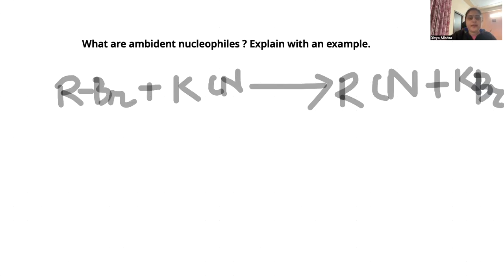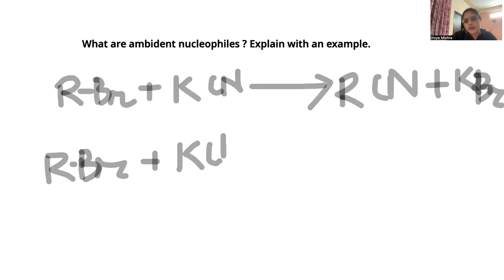Now, if the reacting site is the nitrogen atom, the reaction will be as follows: bromoalkane plus KCN. Here we are taking a polar protic solvent, that is ethanol. So the reacting site will change.